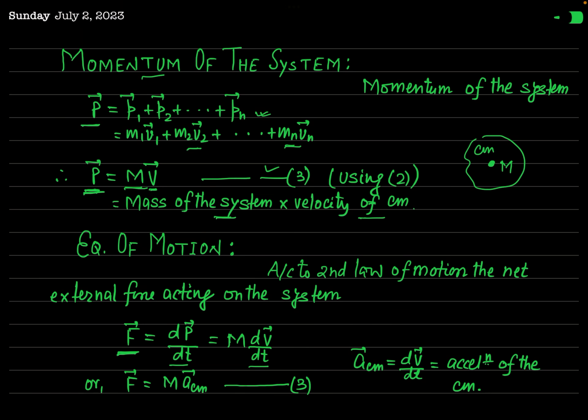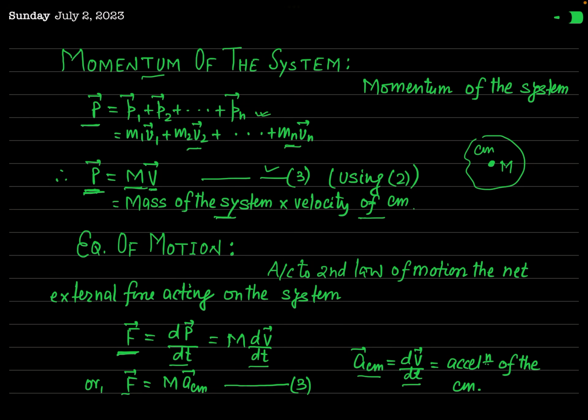And dV by dt will give you the acceleration of the center of mass. So you can write the equation of motion like this: F equal to M into a_cm. This is a very remarkable equation.